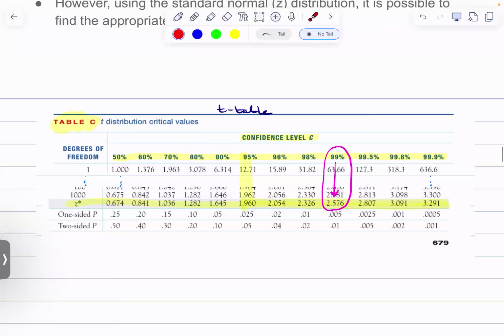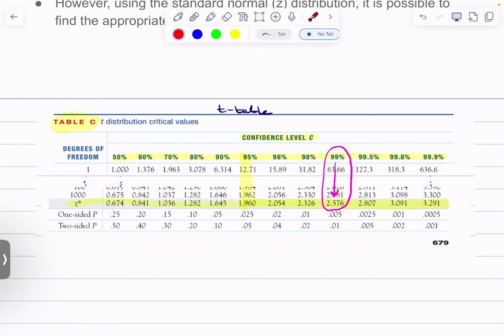Notice also that Z star is increasing as you move out, the equivalent of moving out towards infinity, right? And if you want to get really crazy with it, this one-sided P is the one-sided probability, the area in one of the tails from a Z of 1.96, which is what we used to find 1.96 earlier.